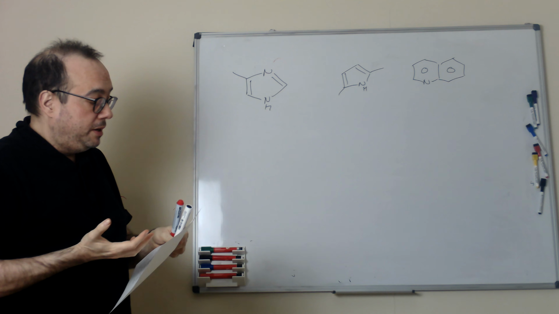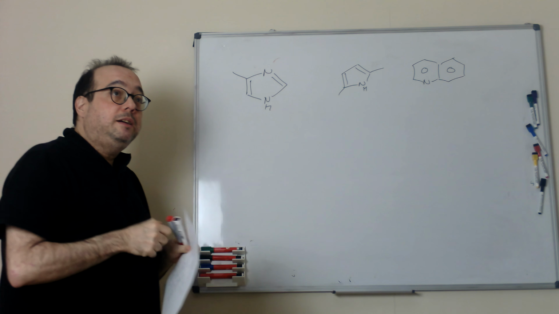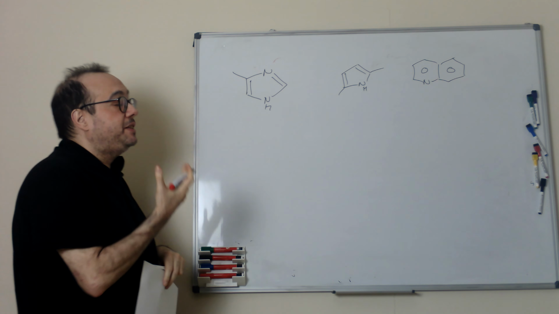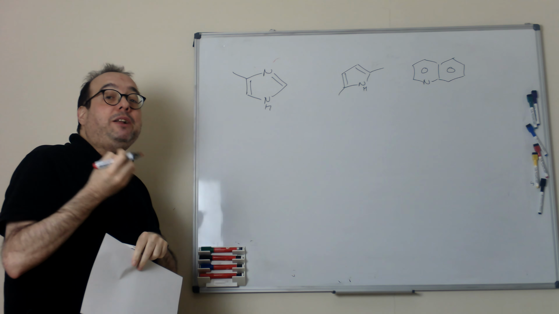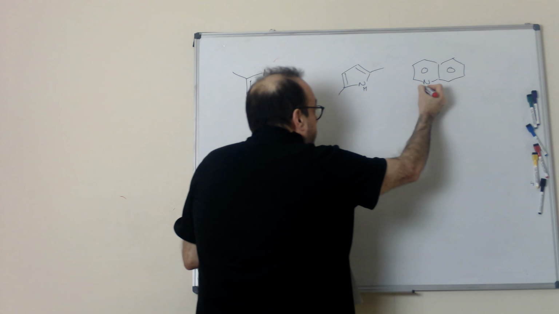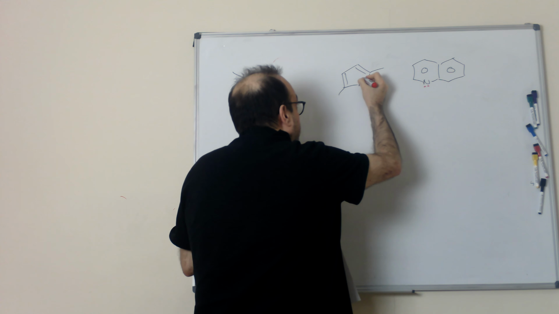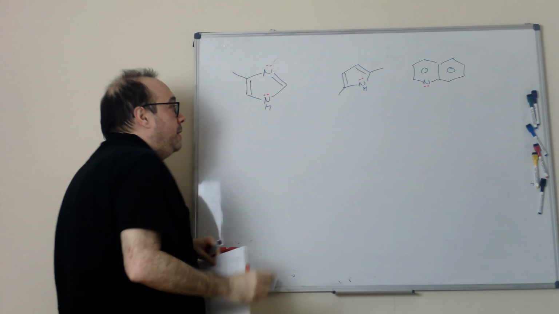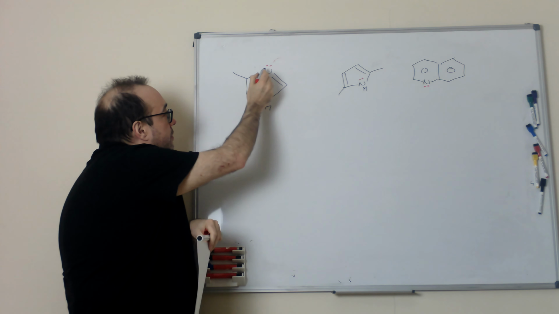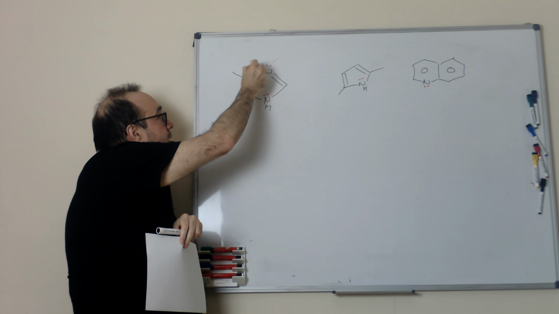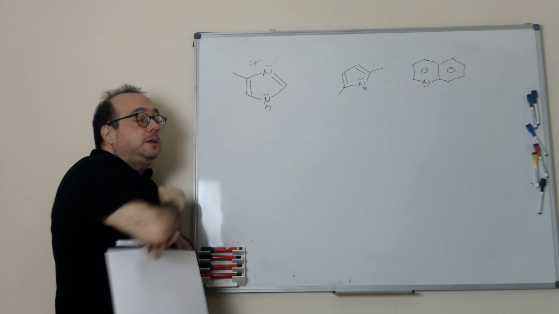We can check which of these nitrogens are basic. That means which of these nitrogens has a pair of electrons available to take a proton. If we analyze the pair of electrons of this nitrogen, they are not part of the p system, they are in an sp2 orbital.